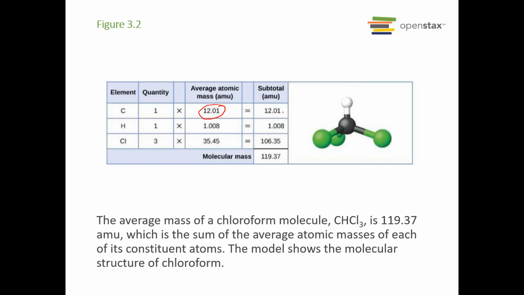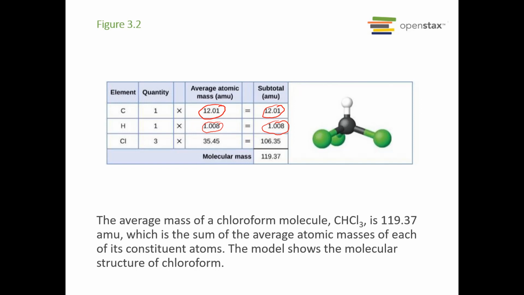We only have one carbon, so the total for carbon is going to be 12.01 AMU. For hydrogen, its average atomic mass is 1.008 AMU, so the subtotal for hydrogen is going to be 1.008 AMU, since there's only one hydrogen.